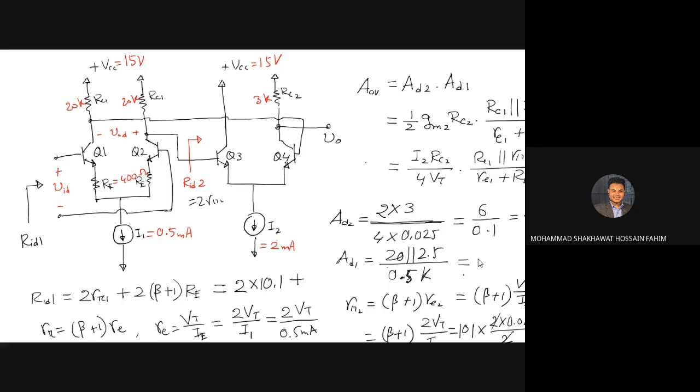So 4.44, 4.4. Okay. So the gain for the first stage is 4.4.